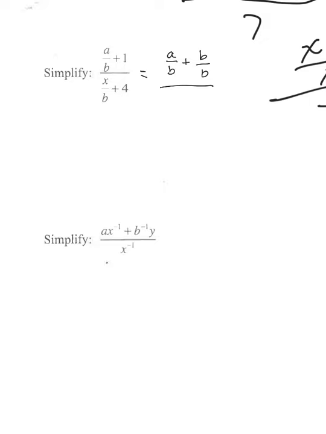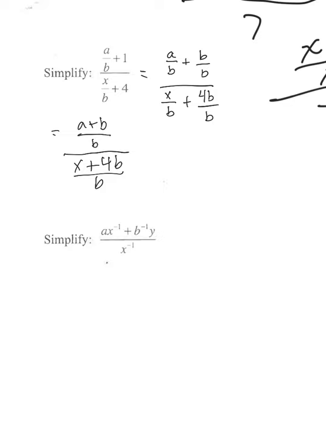And down below, I could find a common denominator of b as well, so I end up with x over b plus 4b over b. If I clean that up, I end up with a plus b over b, all over x plus 4b over b.